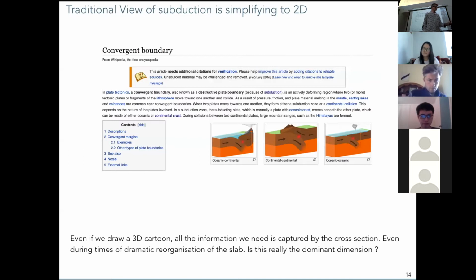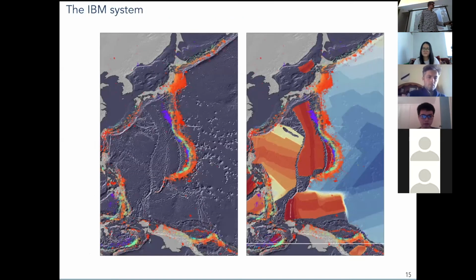All right. Let's go on to talk about the three-dimensionality again. This is your traditional view and the cartoon. Showing you those again. And then here is a bit of history. If you actually look around the world at subduction zones, we obviously realize that they rarely have a shape which is well represented by a perfectly two-dimensional cross-section.